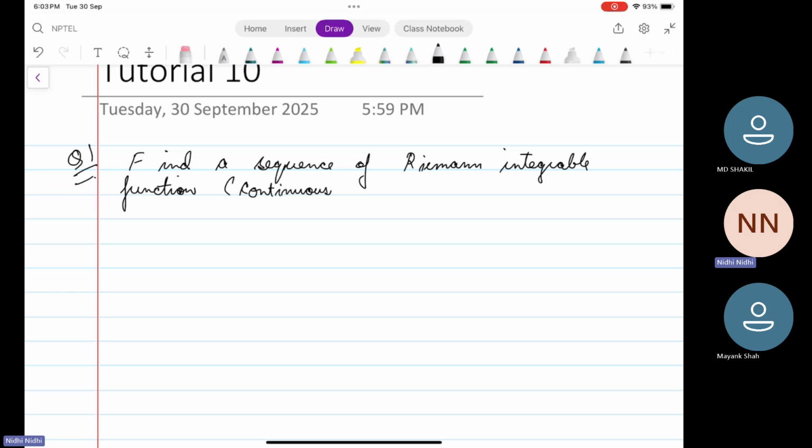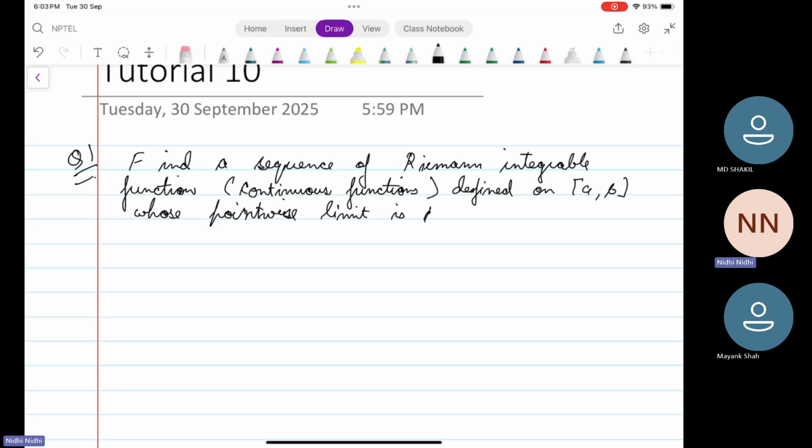Continuous functions defined on some closed interval [a, b] such that the pointwise limit of the sequence, or I should write whose pointwise limit, is not Riemann integrable.